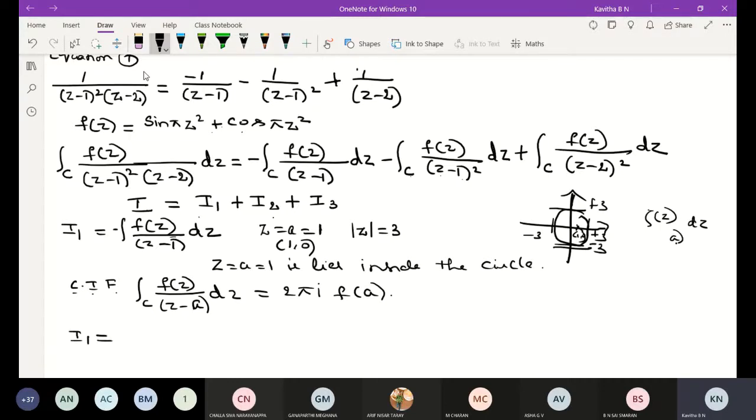I1 is minus integral of f of z by (z minus 1) dz. 2 pi i into f of a; the a value here is 1. Understood? We are writing 2 pi i into f of 1.